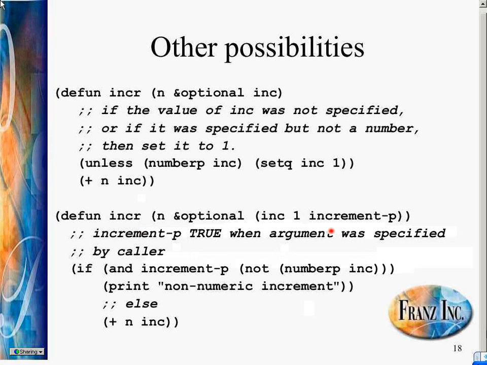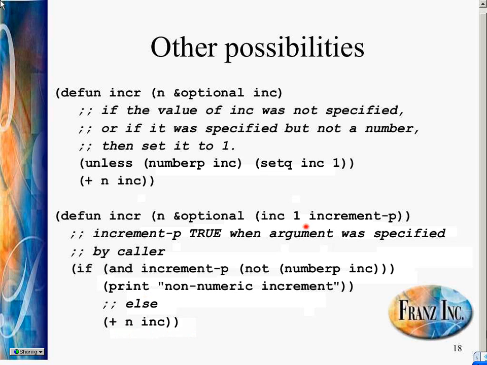No problem. So in the second case, we give it a default value of 1 rather than doing a test and setting it, and we also do something that says whether it was supplied or not. And here, if it was supplied and it's not a number, we print out "no non-numeric increment." Otherwise, we just call n.